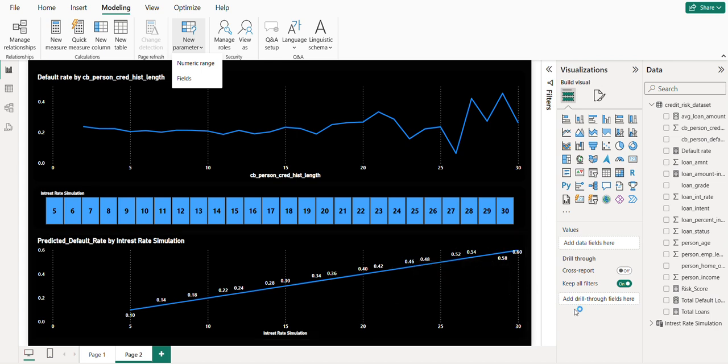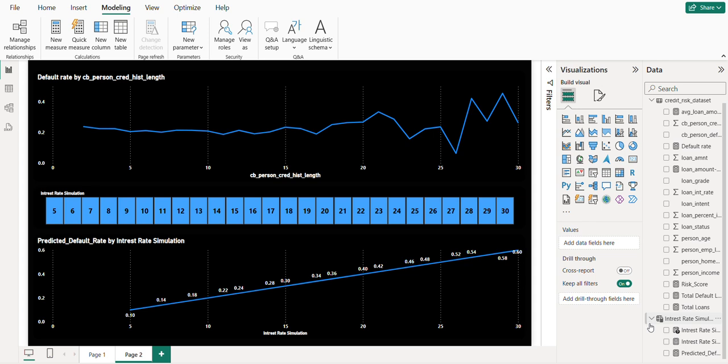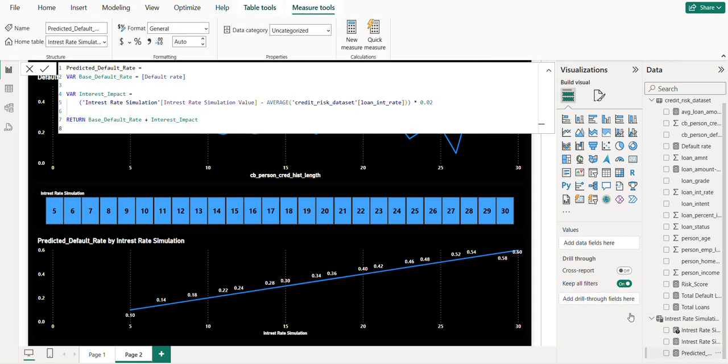We have created this predicted default rate first. Let me show you that. Yes, this is the predicted default rate. We have used this DAX for it, with variables like default rate and interest impact.